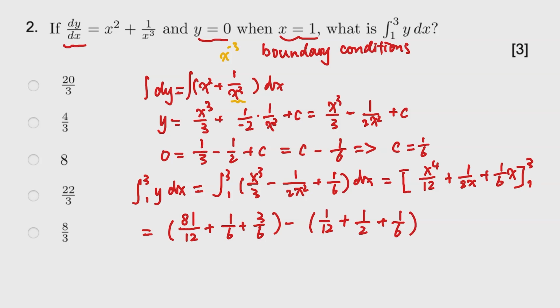We have 1 over 6 in both brackets, so they can be cancelled. 3 over 6 can be simplified to half, so that can be cancelled. In the end, we only have 81 over 12 minus 1 over 12, so that will give 80 over 12, which can be simplified to 20 over 3.